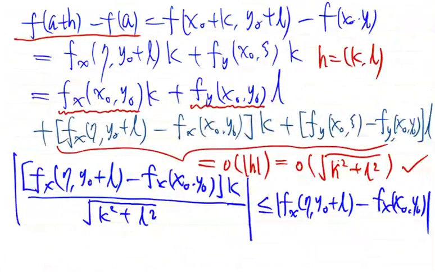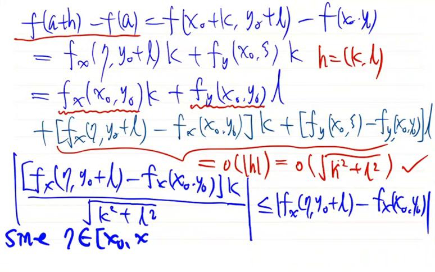So since η is in this interval, as h goes to 0, which means that k and L go to 0.